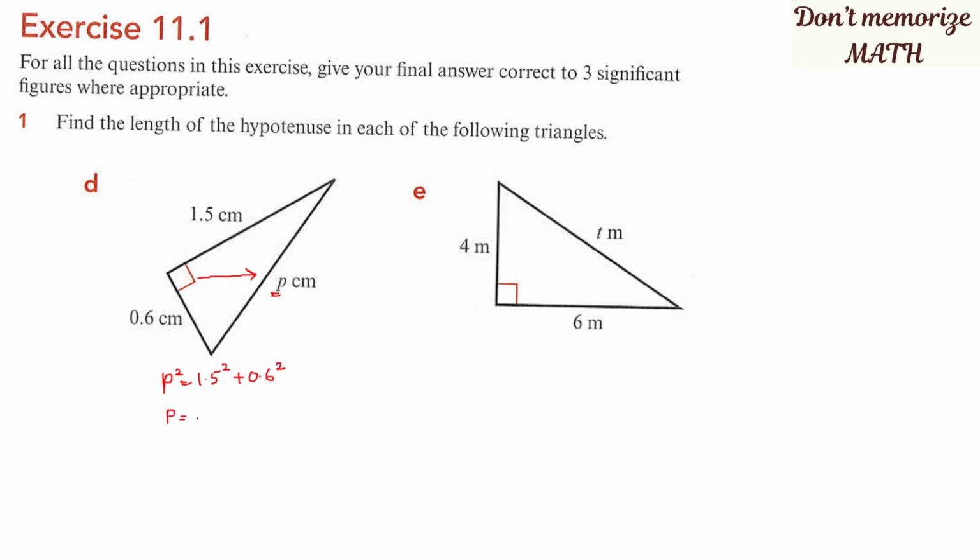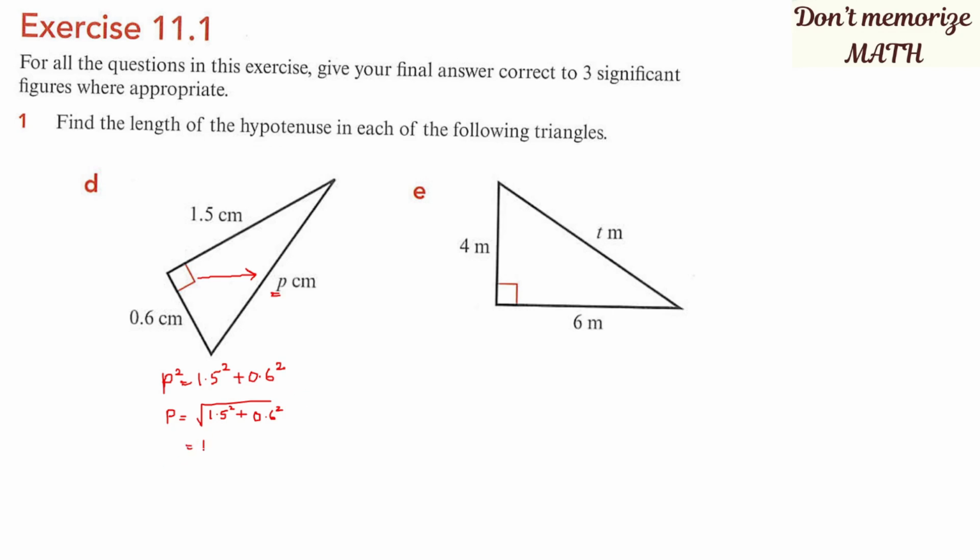So p will be equal to the square root of 1.5 squared plus 0.6 squared. Use the calculator, and you will get 1.61554, like that.